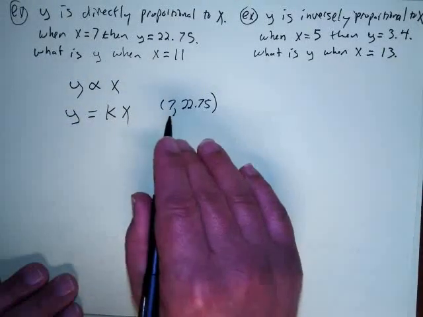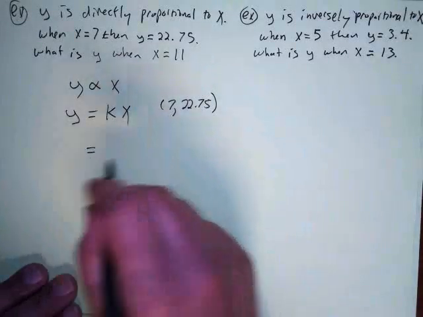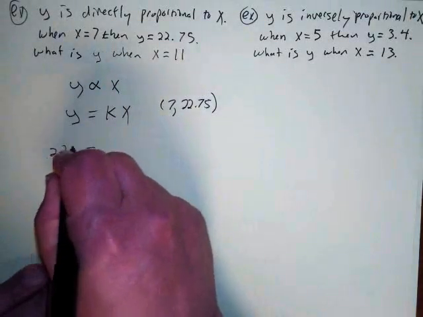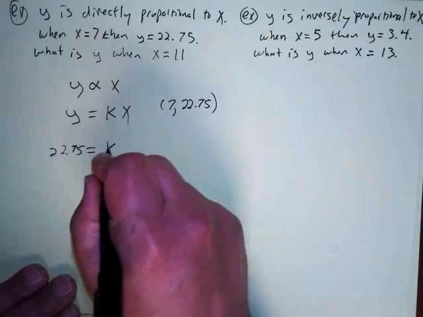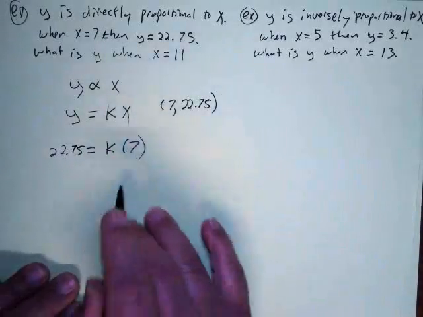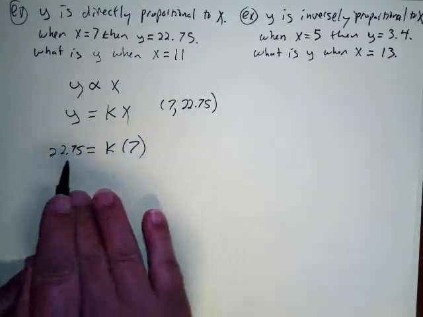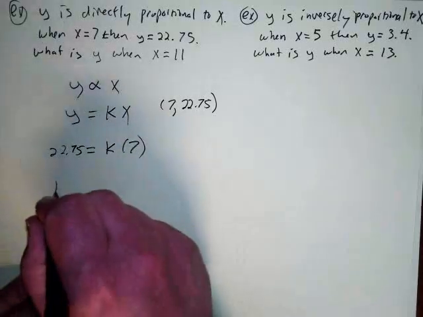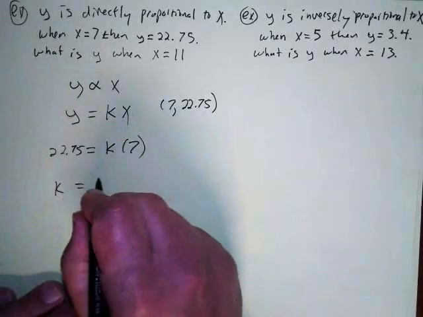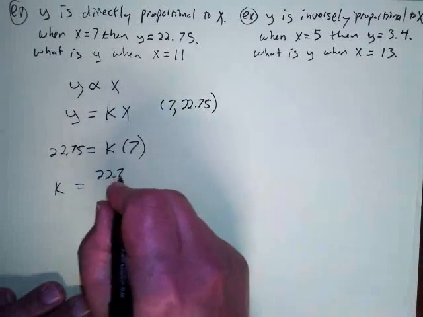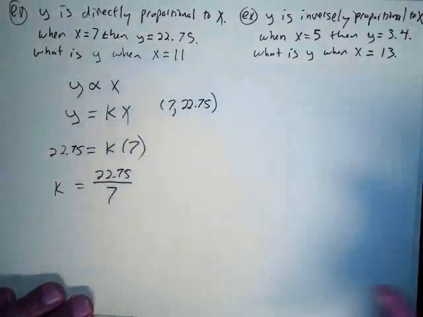Now I can plug these in to find my k. When x is 7, y is equal to 22.75. So when I plug in 7, this is what I get for my y. Then my k is just equal to 22.75 divided by 7.